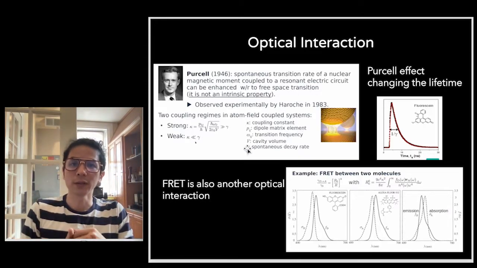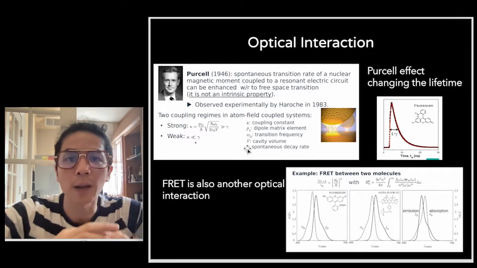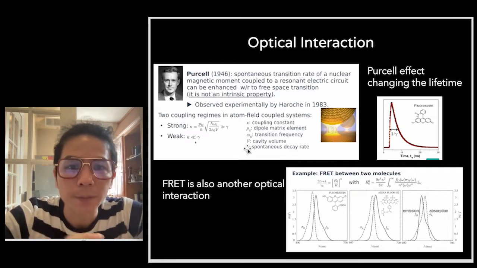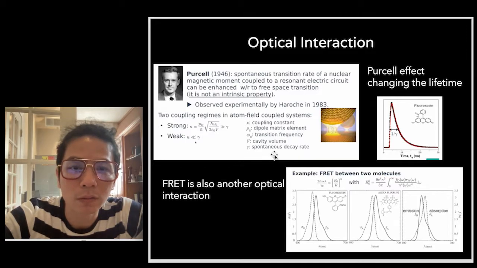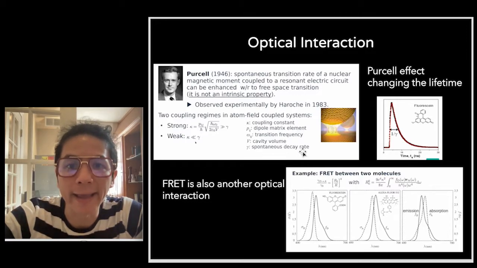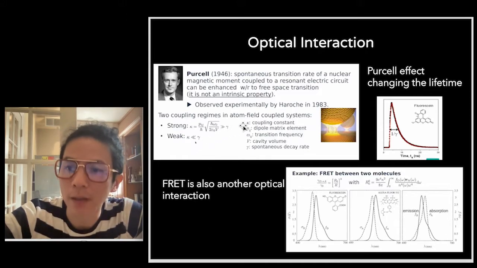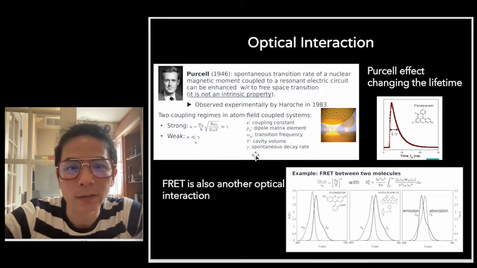And the point is, when you have strong coupling, you have a small spontaneous decay rate, but when you have a weak interaction or coupling constant, the spontaneous decay rate is going to be longer, which can be quantified by, for example, lifetime measurement or stuff like that.